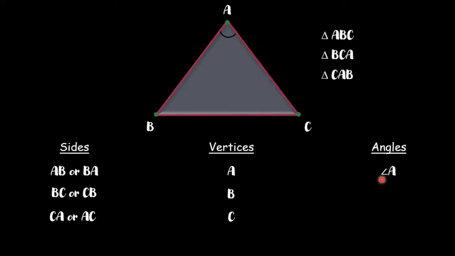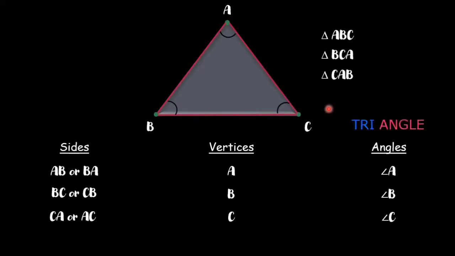Now students, can you tell me the remaining angles? Very good. So angle B is formed at vertex or point B, and the third angle is angle C that is formed at vertex or point C.